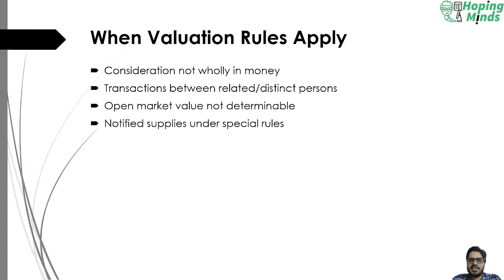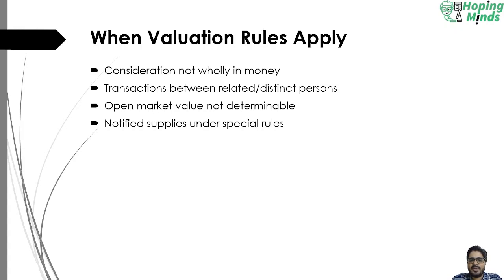Next is transactions between related or distinct persons. When related or distinct persons transact between themselves, the value is typically the open market value, or the value of like kind and quality if open market value is unavailable.